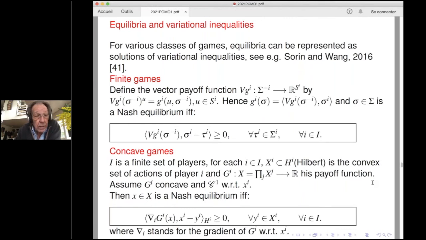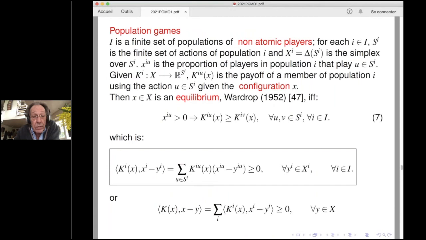Okay? The last example will be population games. So this is a definition. You have a finite set of populations of non-atomic players. And for every point i in capital I, S^i is a finite set of actions of population i, and X^i is a simplex over S^i.